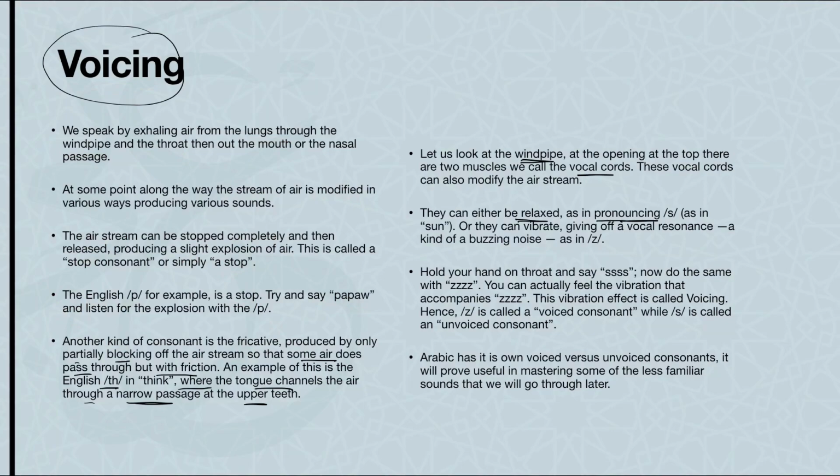Actually, my noise cancellation is blocking off the sound, but anyways. If you try to say the word script, the s sound is completely upper in your mouth. But now I want you to do this as an experiment. Put your finger on your larynx, or your voice box, and try to say the buzz noise, like buzz, zzz, zzz. You would notice that your larynx is vibrating.